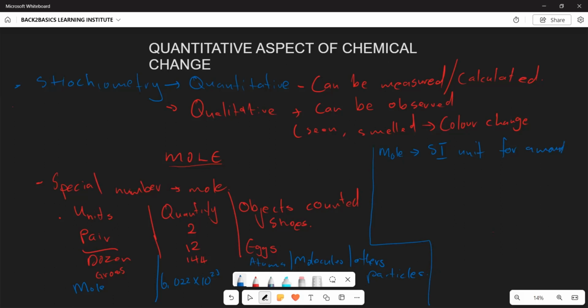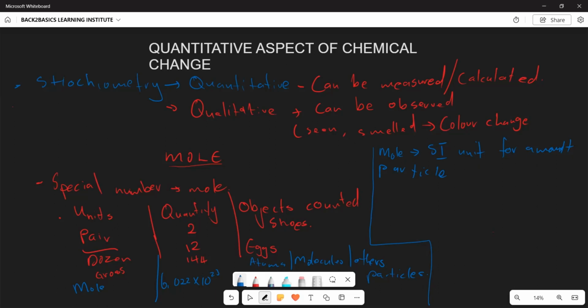Now, remember where we started? We were talking about sugar, right? So this is going to be the special unit to help us calculate the grains of that particular sugar, right?